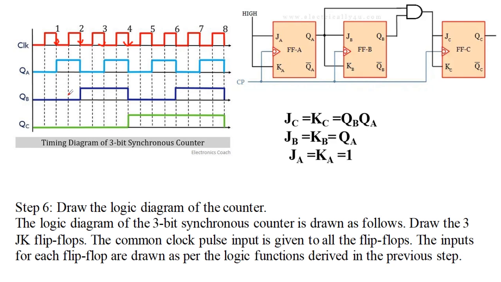Next, QB is toggled based on your QA output, when a negative edge comes on the first flip-flop, the least significant bit. So here we got the negative edge on the first clock pulse, but QB doesn't have a negative edge here, so the previous state is continued as 0.